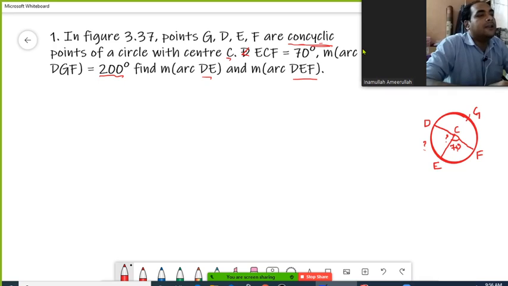This angle is already given as 70 degrees, and this arc DGF is 200 degrees.